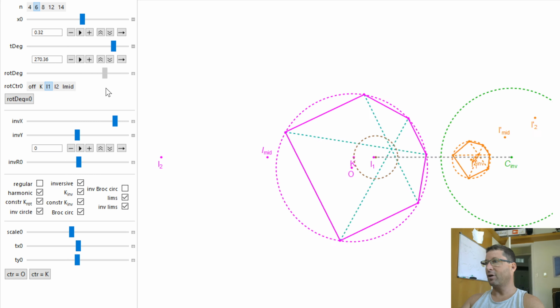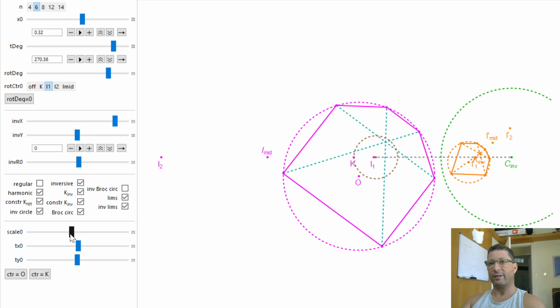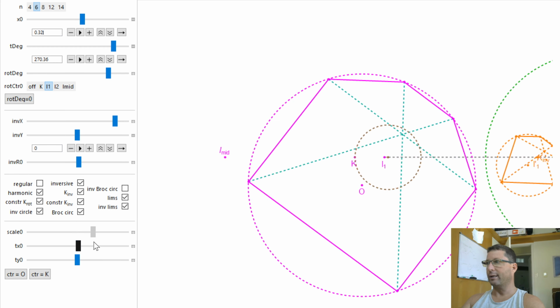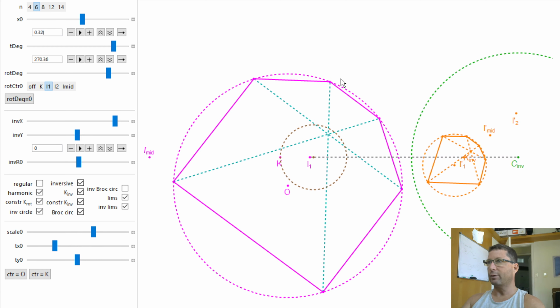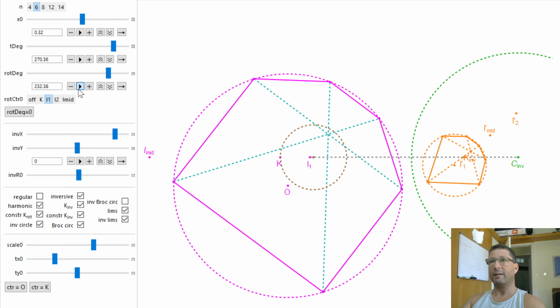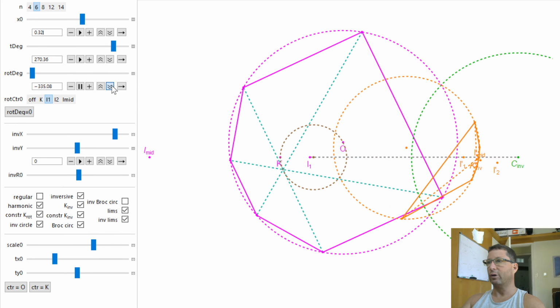The nice phenomenon here, and let's scale that up so we can see it, is that as I rotate the magentas about their first limiting point, dynamically, like so, this is a rigid rotation of the magentas about this limiting point. The first limiting point of the inversive family is put.